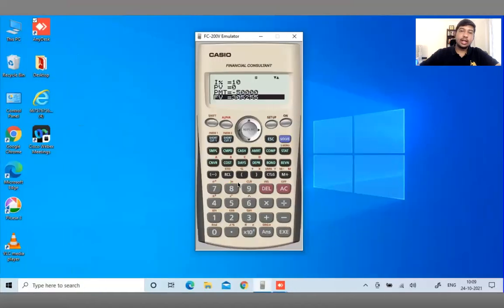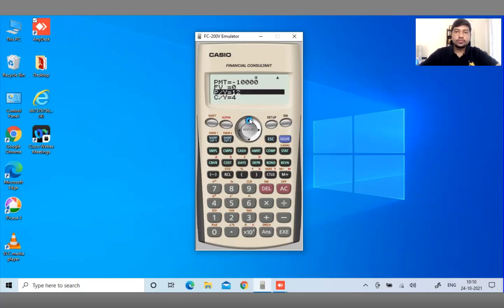Let's do this in the calculator and see what the answer should be. So SET is BEGIN, N is 84, I is 12, PV 0, scroll down, PMT will be minus 10,000, FV 0, payments per year 12, compounding per year 4.